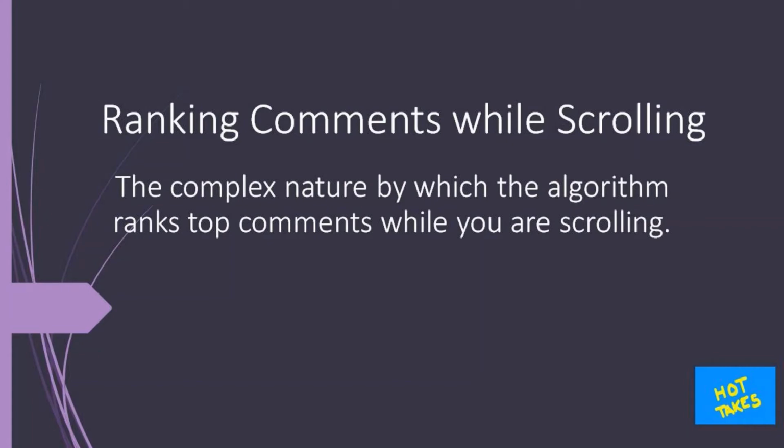Now, the disclaimer here is that it helps if the person in the comment section is using some of the exact words from the video. This way YouTube can actually rank the comments based on chronological order while you're scrolling through. Now mind you, the video should be playing and you should be scrolling through for this to work. And you should be scrolling through at a medium pace, not at a very fast pace.